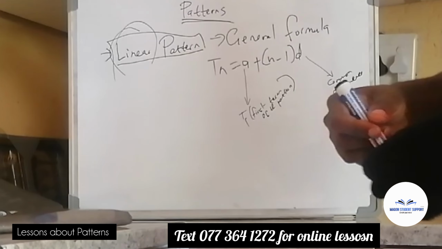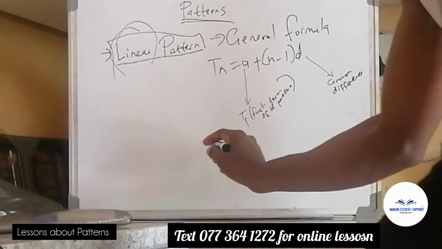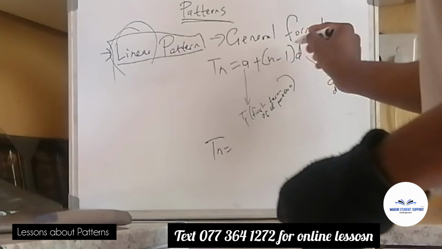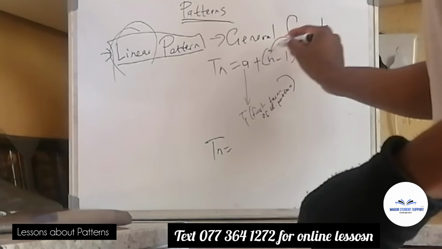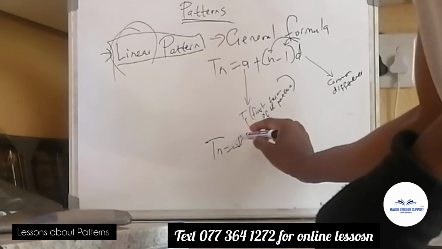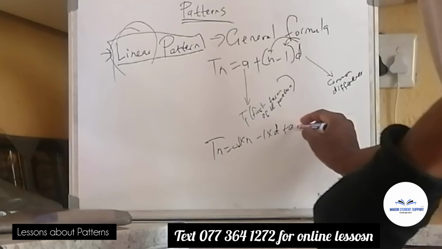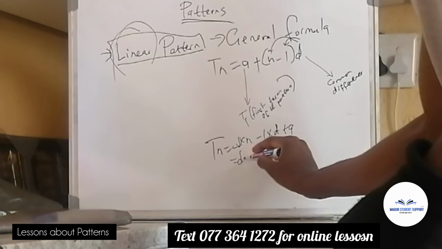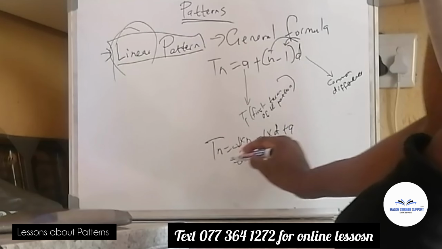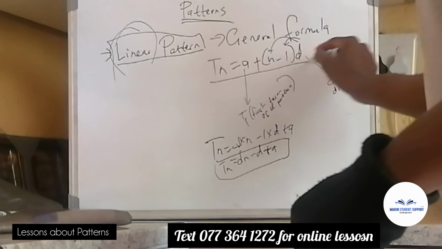You can use this formula, or also use this worked out one, where d multiplies n and d multiplies negative 1, plus a. So what will happen is dn minus d plus a. You can either use this as a formula or use this one.